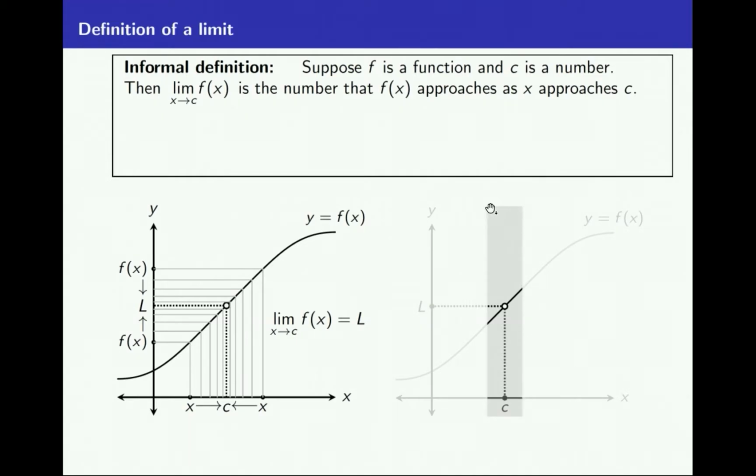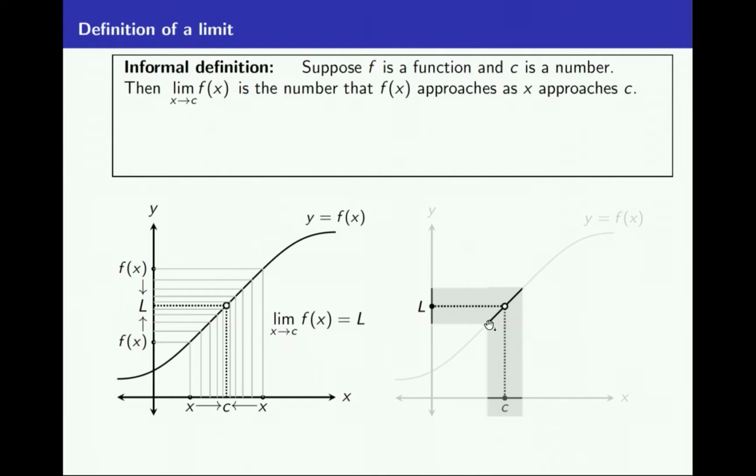Just look at this strip that you get from the x values in this small open interval, and you have this small portion of the graph right here, and you can see that for these x values in that strip, your f of x values are pretty close to L.